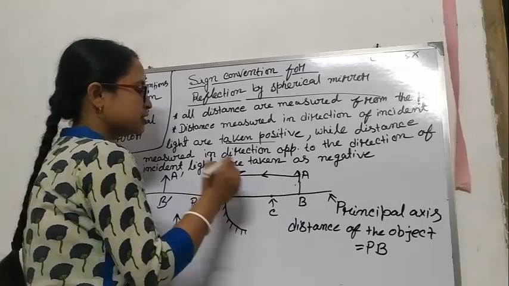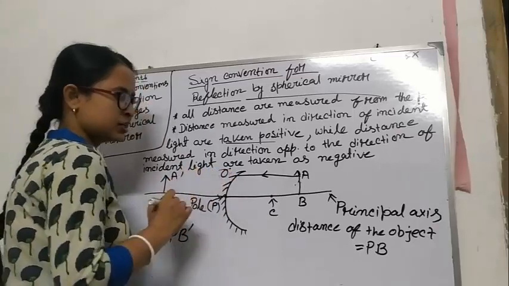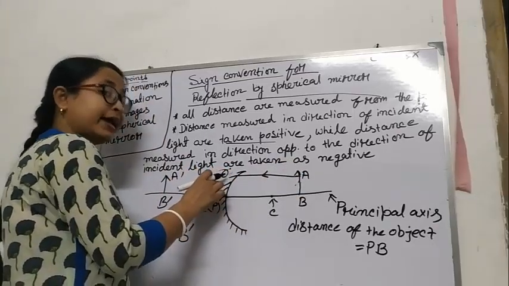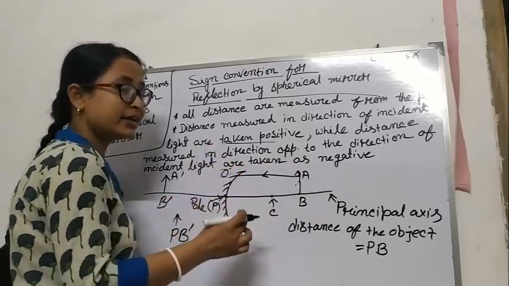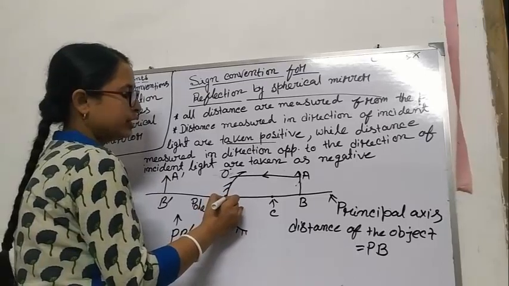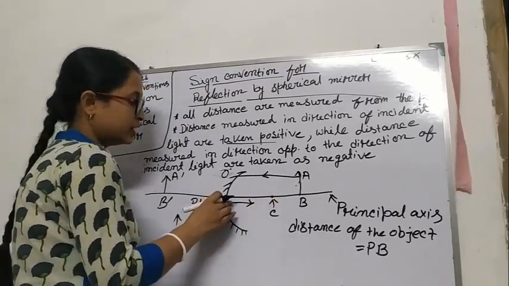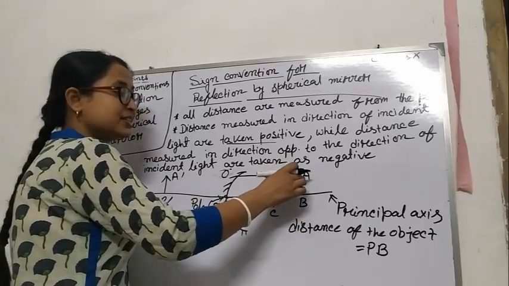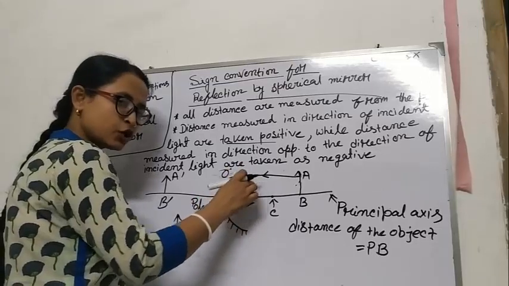Let us represent this ray as A dash or AO, you can also represent. So AO is the direction of the incident light. But from the pole, the direction is PB. Direction of object is from PB, but the incident is AO. So these two directions are opposite now.